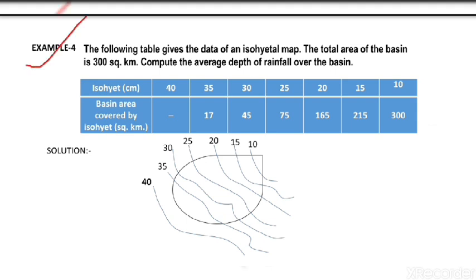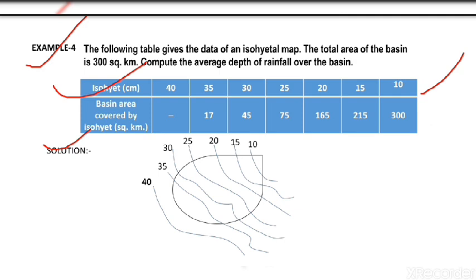Here it is asked: the following table gives the data of an isohyetal map. The total area of the basin is 300 square kilometers. Compute the average depth of rainfall over the basin. The isohyet in centimeters is given and the basin area covered by the isohyet in square kilometers is given.